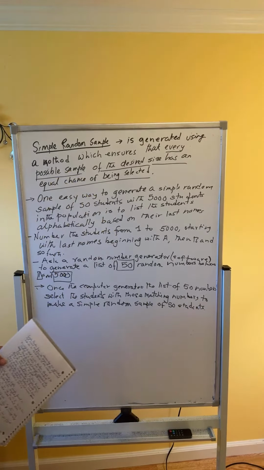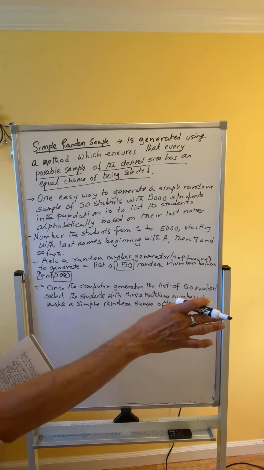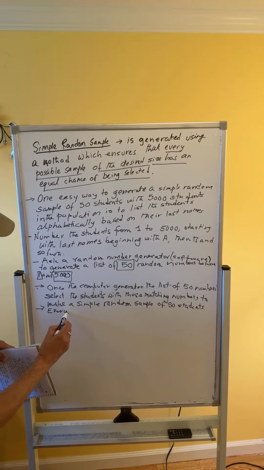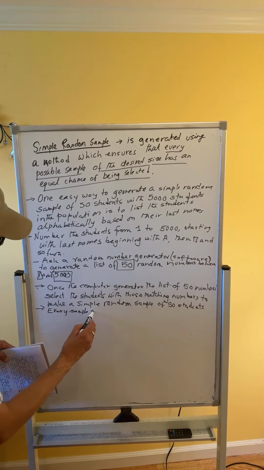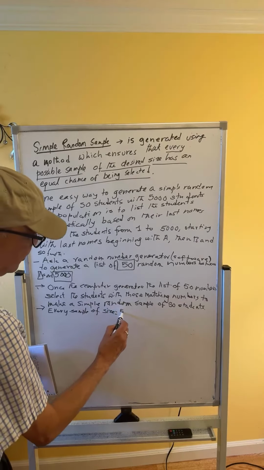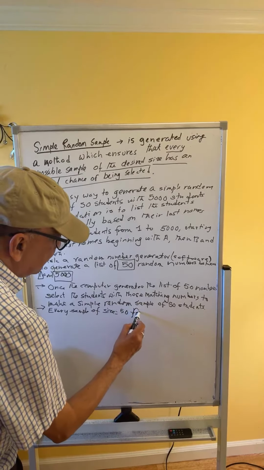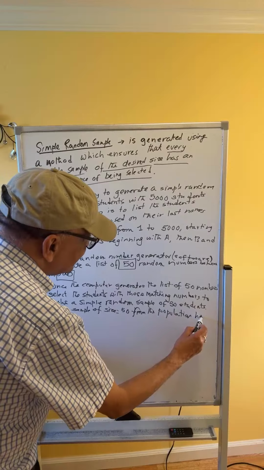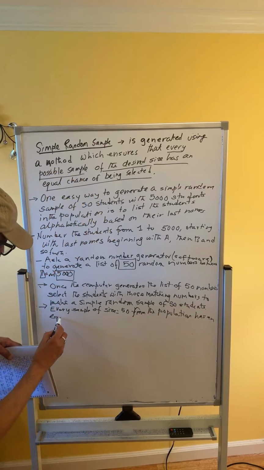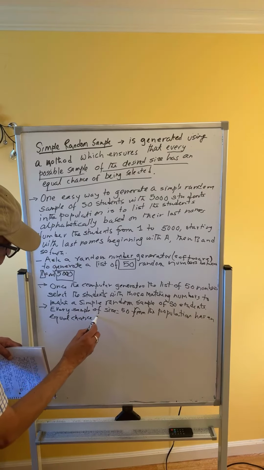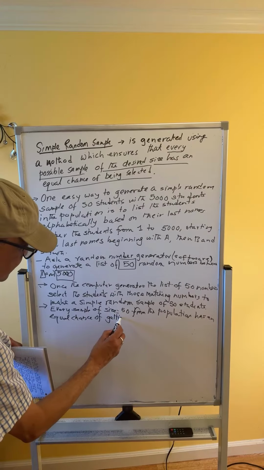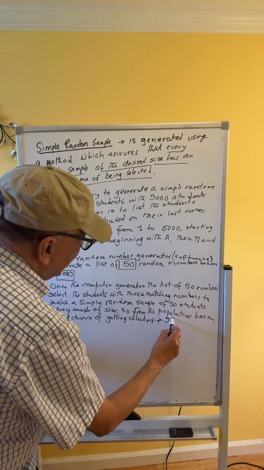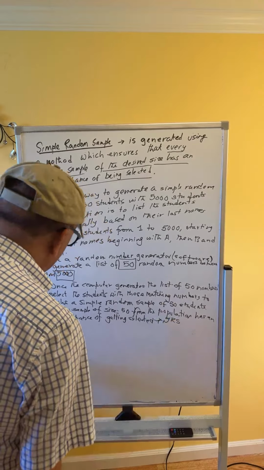It's called a simple random sample because every sample of size 50 from the population has an equal chance of getting selected. Hence simple random sample, SRS.